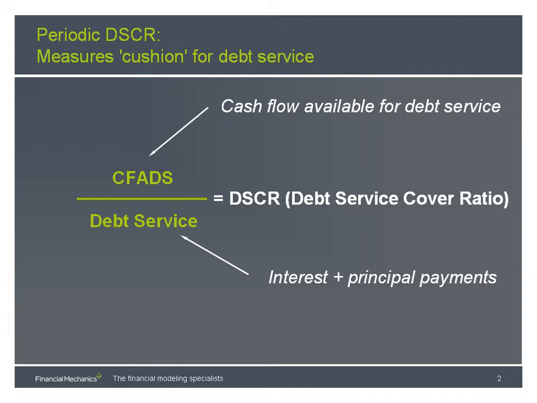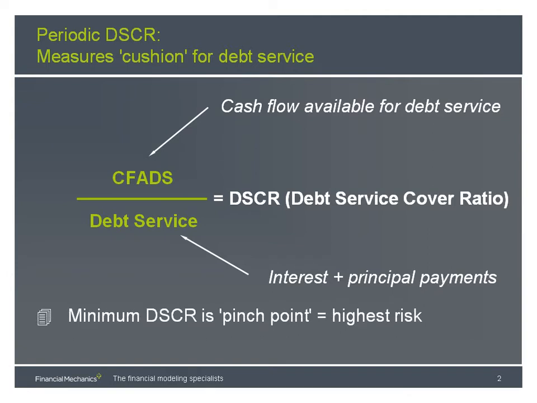And from that position, I think it becomes fairly clear that the minimum debt service cover ratio that you might see over the life of the debt is somewhat of a pinch point, arguably the highest risk position of any given period, because it's the thinnest point in the repayment profile.